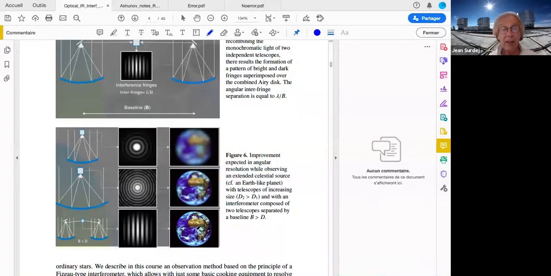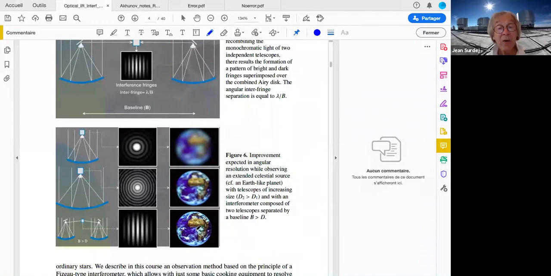At this moment, the largest baselines which exist are of the order of 400 meters with CHARA. So you get an equivalent angular resolution, along a particular direction, equivalent to what you would get if you had a single dish with a 400-meter diameter. Now at ESO, the longest baselines are of the order of 200 meters.